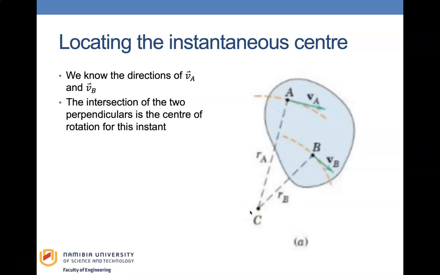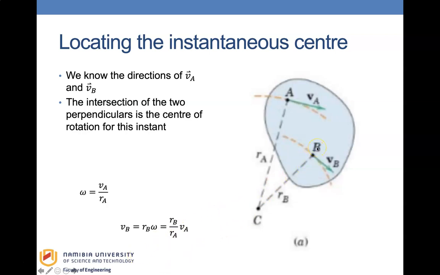If we know the magnitude of the velocity of one of the points, say the velocity of A, we can compute the angular velocity omega, which is equal to the velocity of A divided by the radius of A. And then we can compute the linear velocity of every point in the body.